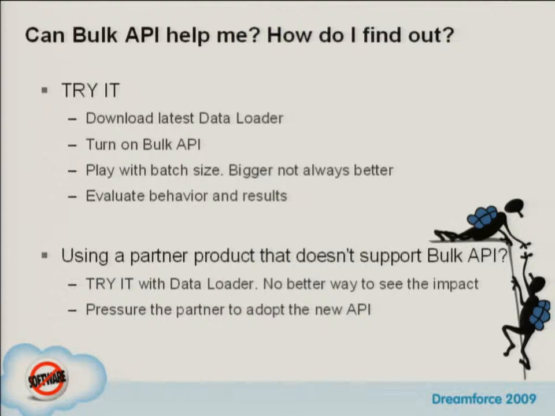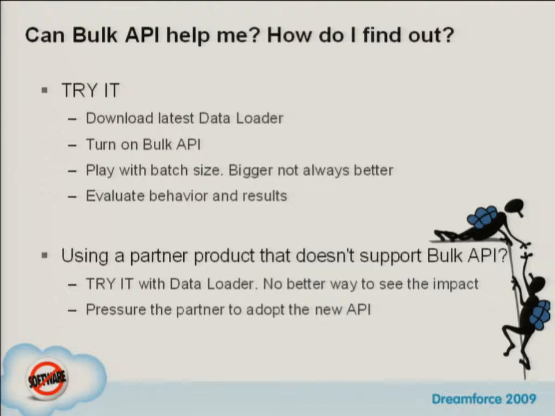It's going to be faster. The serial mode, sorry. So the question was, how does the serial mode compare to the old SOAP API? And it's going to be faster. If you think about it, you're not serializing to XML. So that's one advantage.